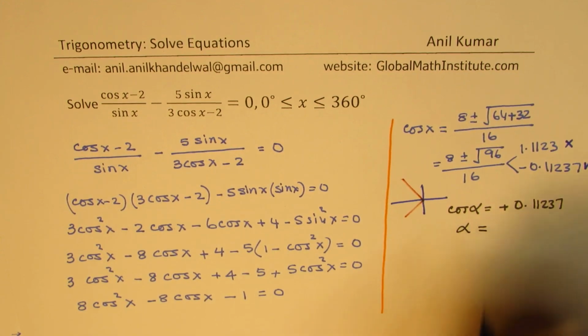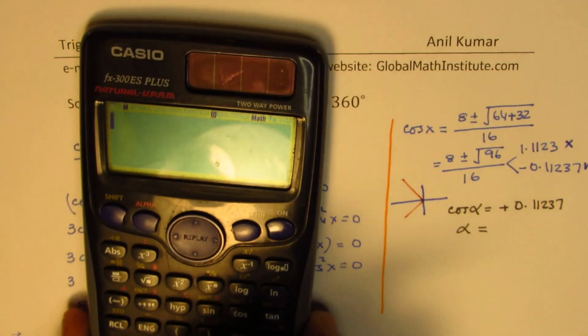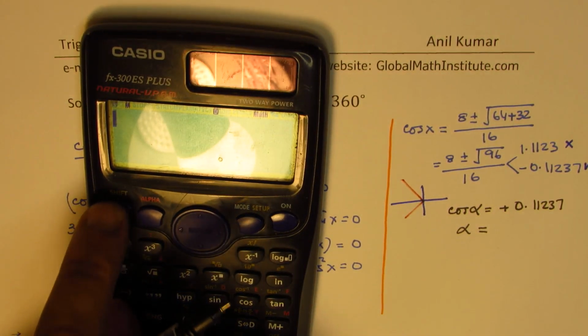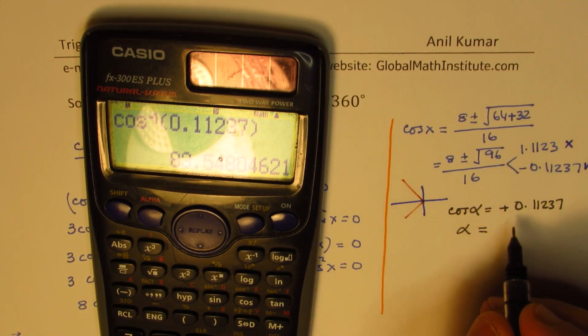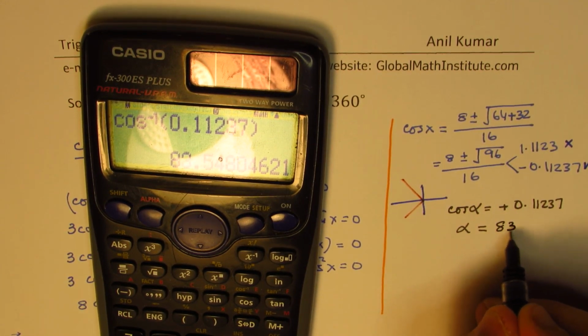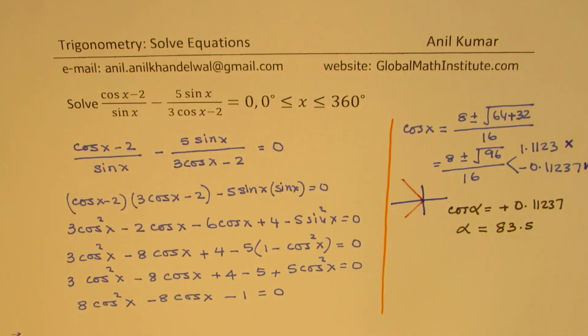So alpha is equal to, so let's find this value. So we have cos inverse of 0.11237, and that is equal to 83.5. Let's write down 83.5.